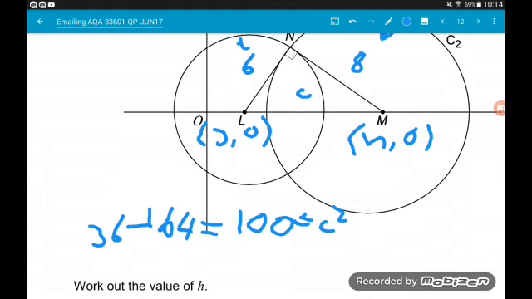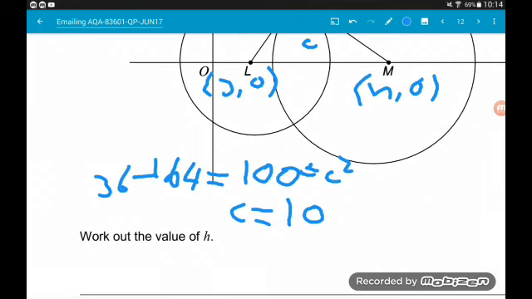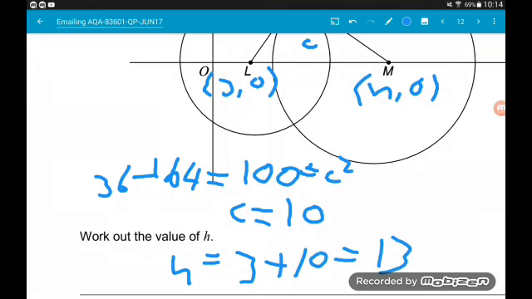Square root of that, we get c is 10. So the centre of circle C2 is 10 to the right of the centre of C1. So 3 add 10 gives us h is 3 plus 10, which is 13. Jobs done, nice question.